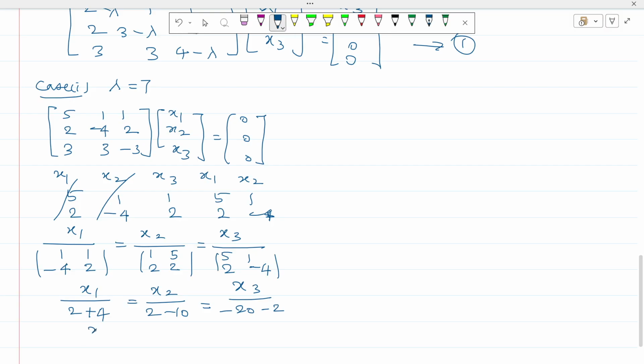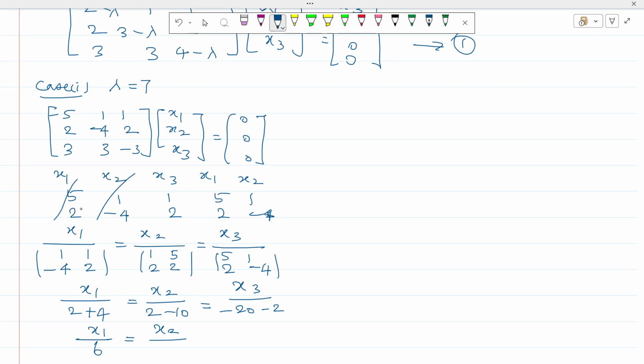It is x1 by 6, x2 by 12, x3 by 18. Sorry, it is 2 minus 7, minus 5 now. Here minus 5, 1, 1; 2, minus 4, 2; 3, 3, minus 3.